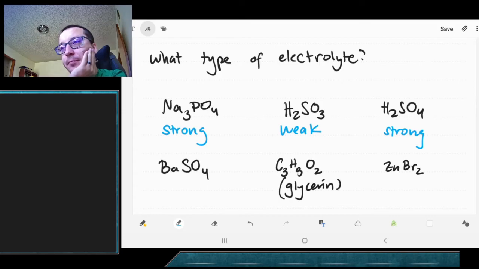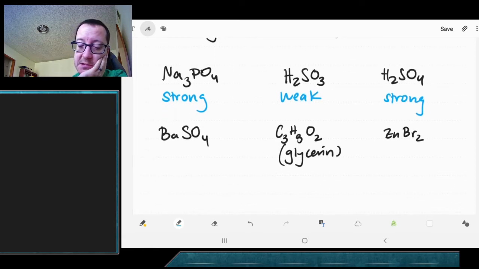But we'll notice it is an insoluble compound. Sulfates with barium do not dissolve, and so this one doesn't fit in. We can't classify this one as any type of electrolyte, because it doesn't dissolve.